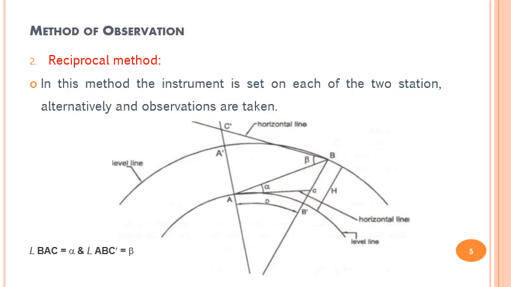Here, angle BAC is equal to alpha, and angle ABC dash is equal to beta.